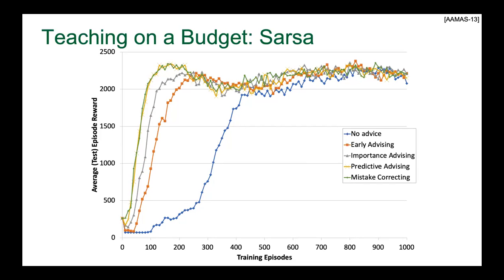So this shows that if we have a trained teacher, we can figure out where to give advice, just a small amount of advice. Remember, this is 1,000 pieces of advice, which is less than half of one episode, to make a significant improvement in performance. And I'm not showing it on this graph, but the student can learn to outperform the teacher.